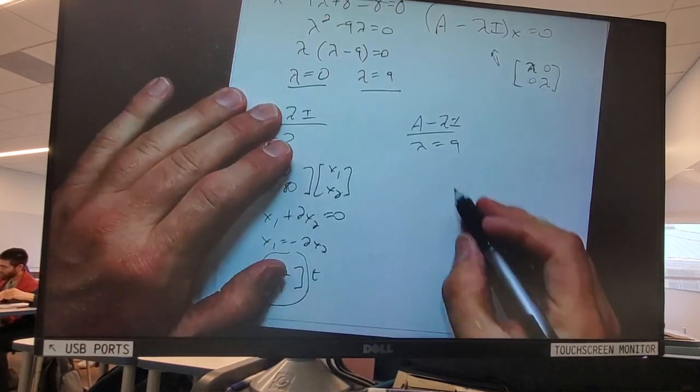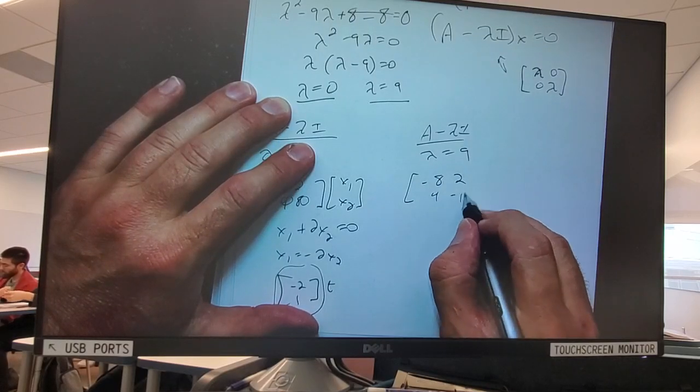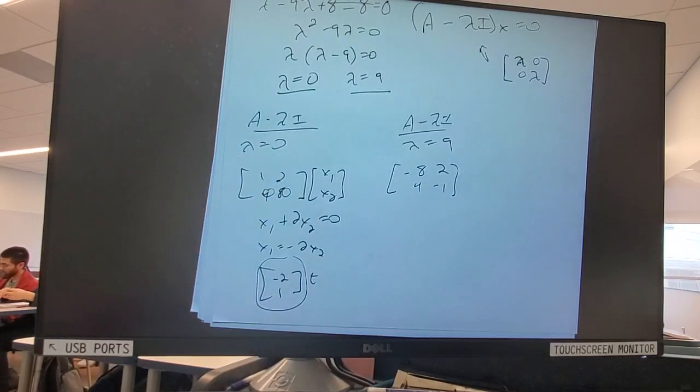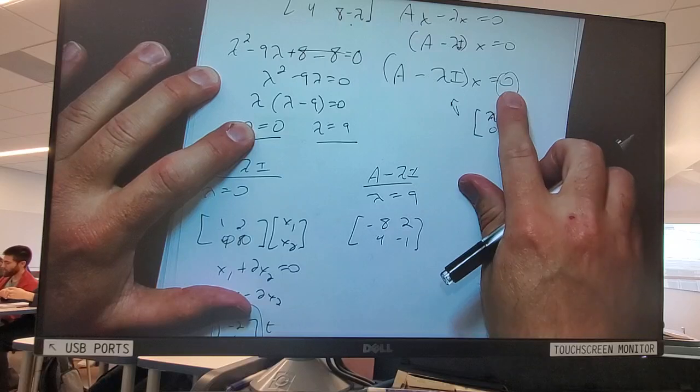So you get -8, 4, 4, -1. So again, this leads to A. Now, what should make sense is, if you do happen to get eigenvalues, you'll start to notice a pattern about the resultant matrix. Because I have to get it equal to 0. That's the whole idea.